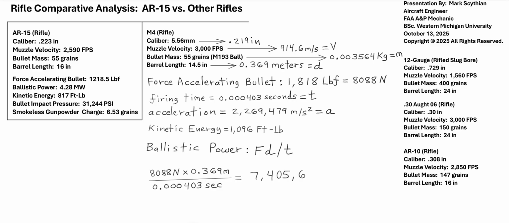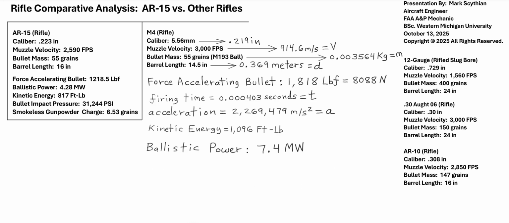So when we make the calculation, we calculate the ballistic power of approximately 7.4 megawatts, and that is only the power involved in accelerating the bullet through the barrel. But what takes precedence throughout the overall rating of a rifle is its kinetic energy.